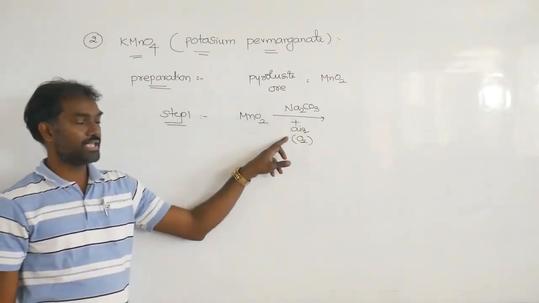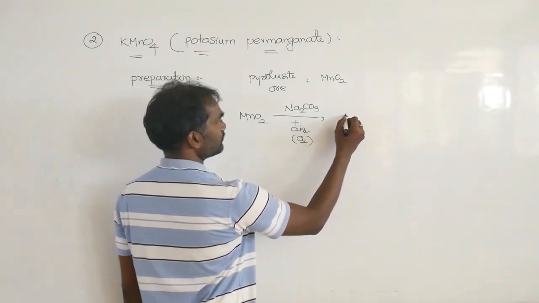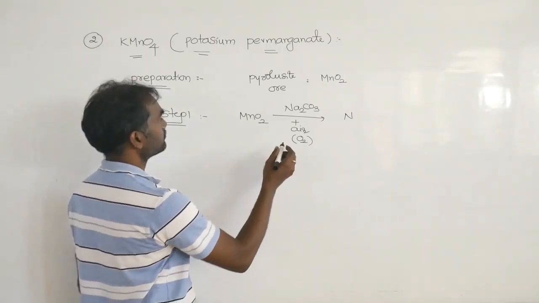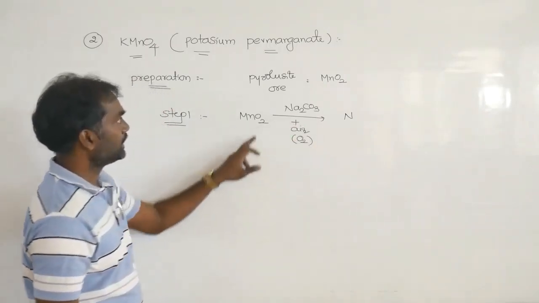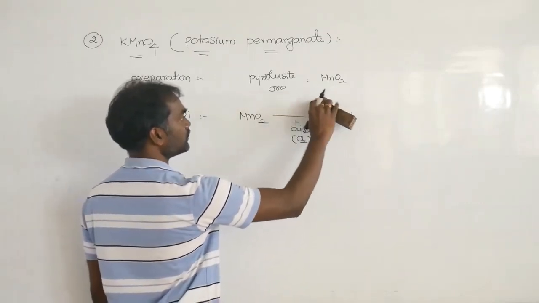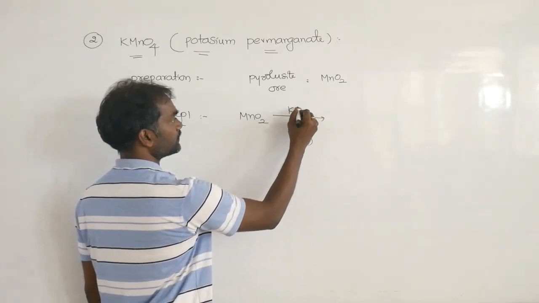So here, direct potassium only: instead of Na2CO3 you take KOH, so directly you can get it.